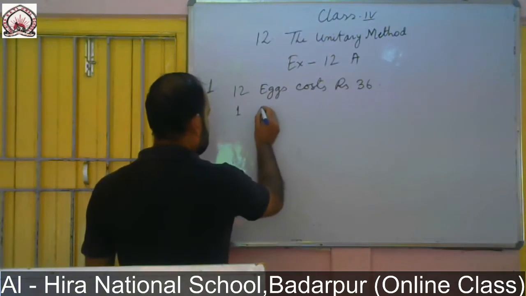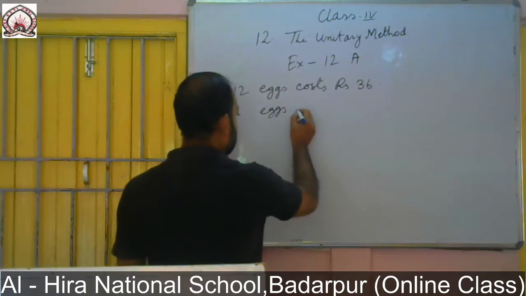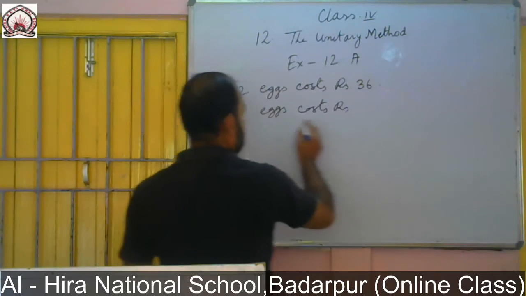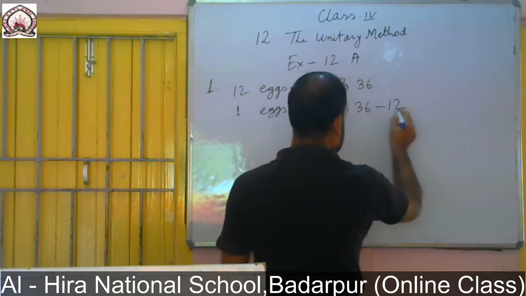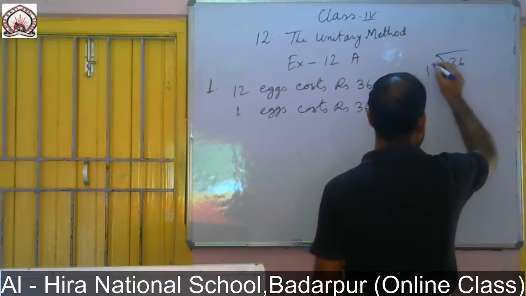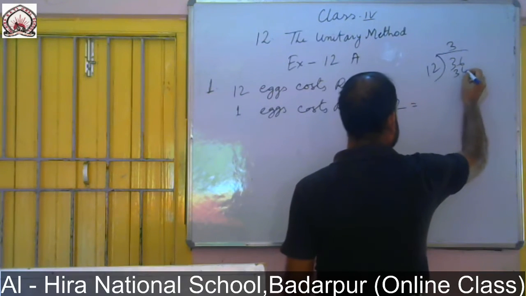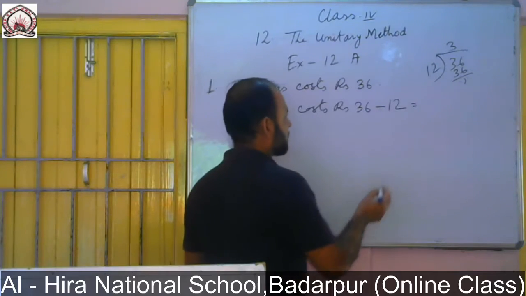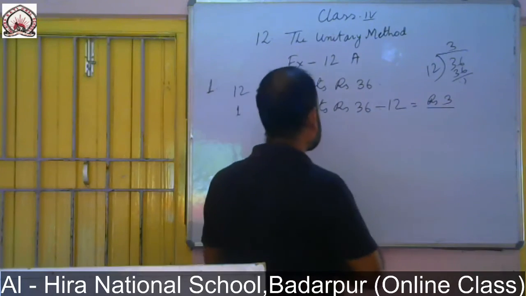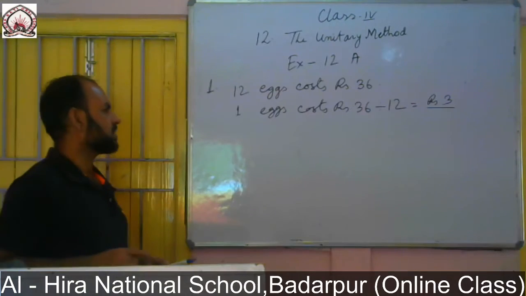So 1 egg costs rupees 36 divided by 12. 12 threes are 36, so rupees 3. 1 egg costs rupees 3.